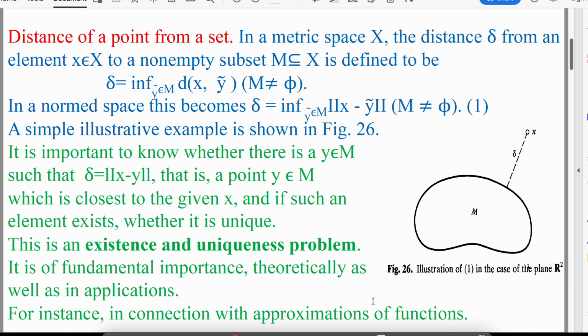So first of all, we recall the definition of the distance of a point from a set.